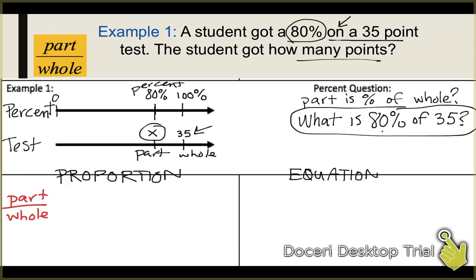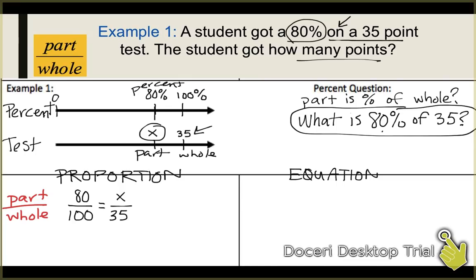So in this case, our first fraction is our percent, 80% over the whole amount of 100%. And now we don't know the part, but we do know that 100% on the test is going to be 35.